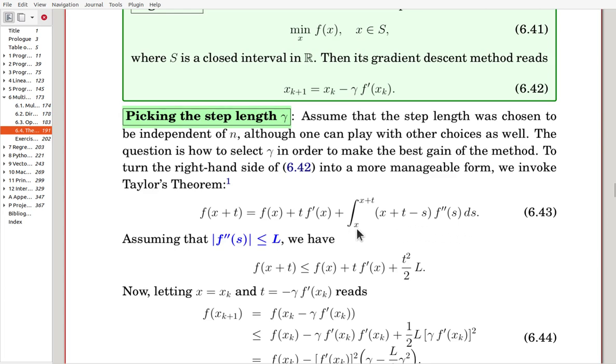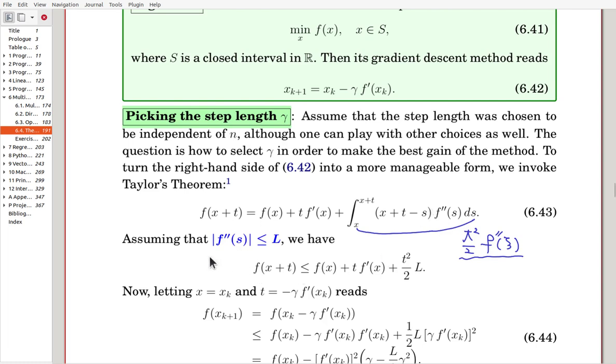But you can use the Lagrange remainder for this portion, that is, t squared over 2 f double prime at some point. Either this way or that way, you can express the remainder term.